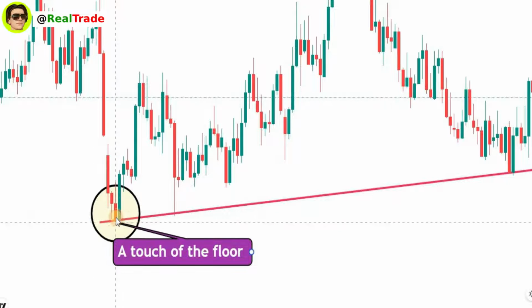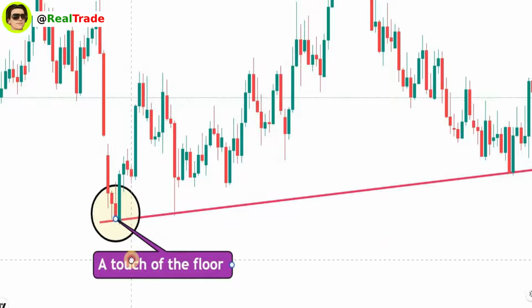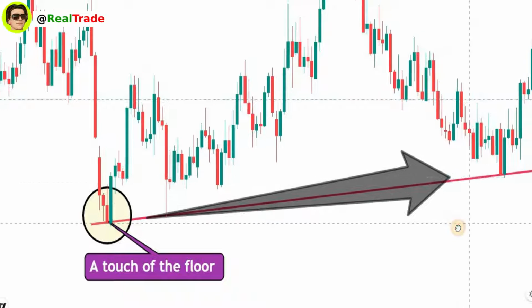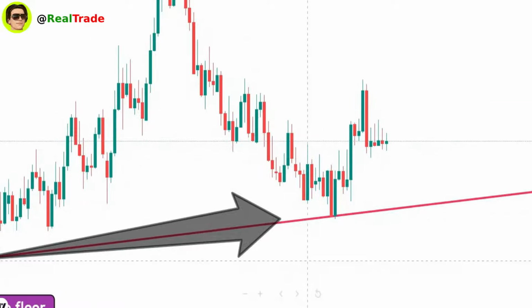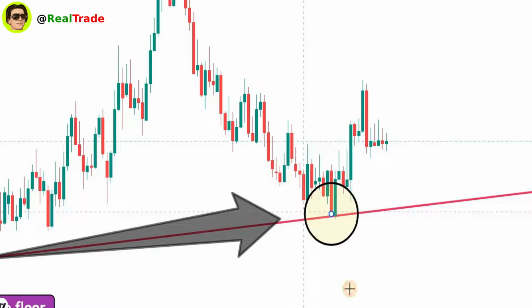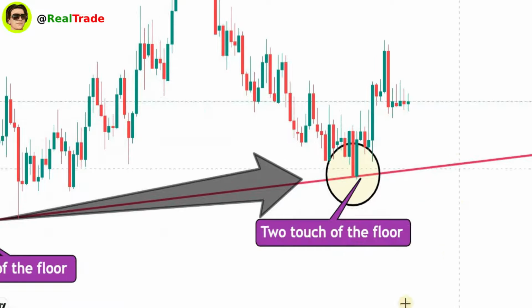Yes, this point, one touch, price touches the line and goes, buy, back price. Yes, this point is a two touch and back price.